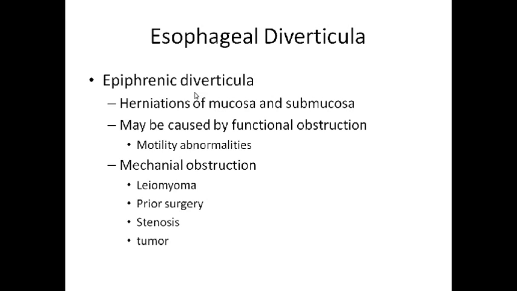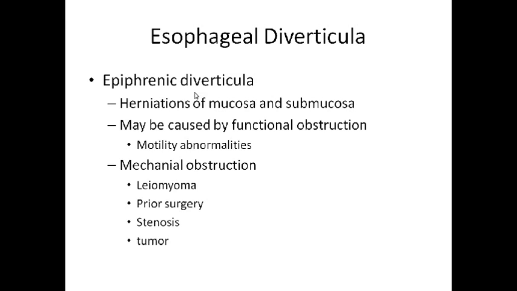The epiphrenic diverticula is the herniation of the mucosa and submucosa. May be caused by a functional obstruction. Again, more of a motility abnormality of contraction within the esophagus, but the diverticula is going to be secondary to that.